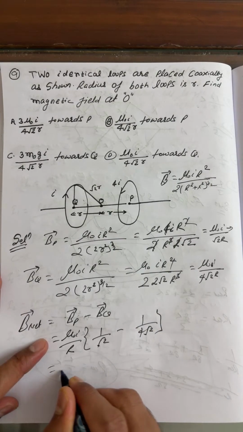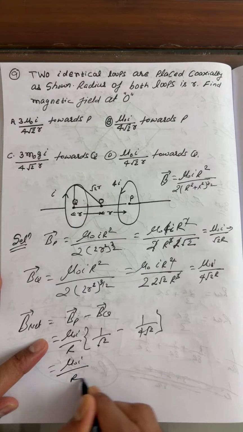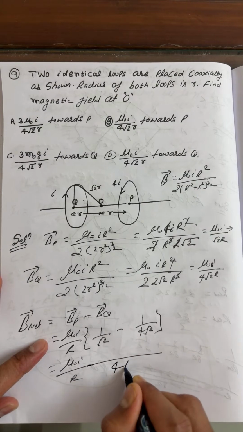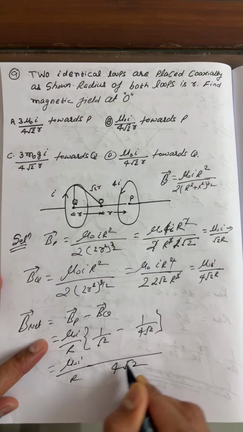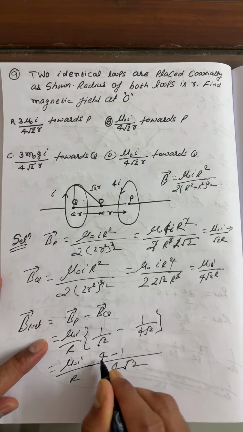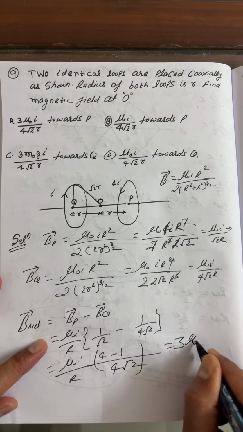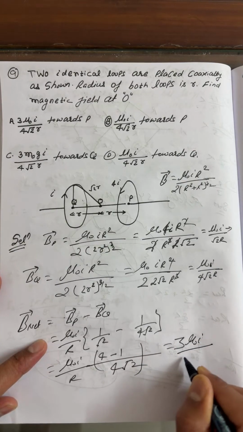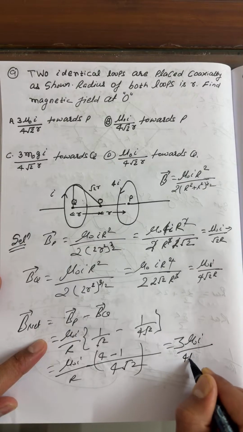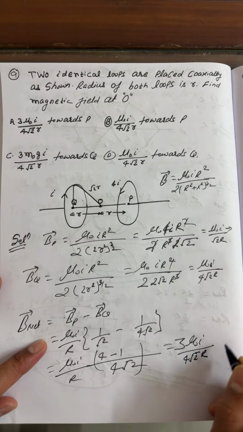So this is mu naught into I by R, and the numerator is 4 minus 1. So we get 3 mu naught into I upon 4 root 2R.